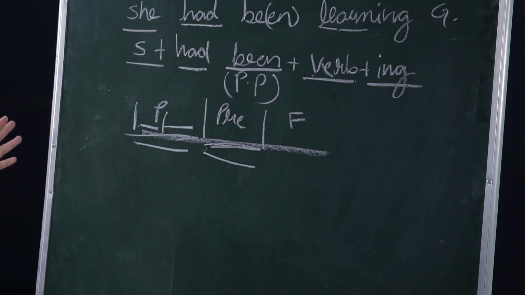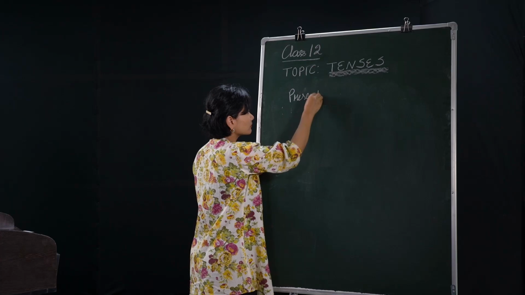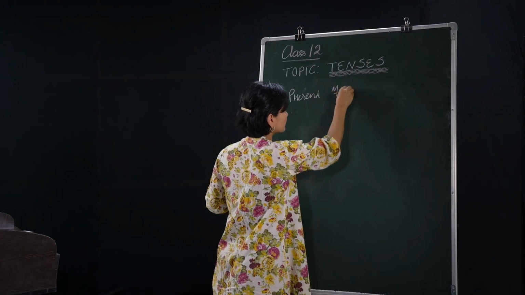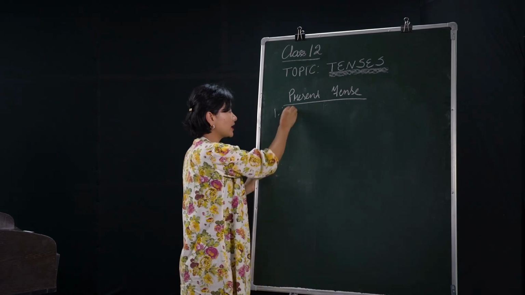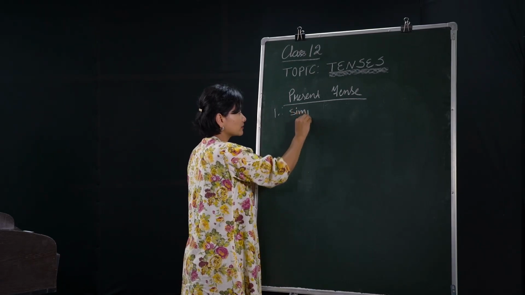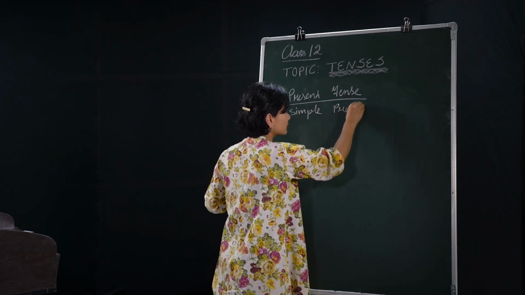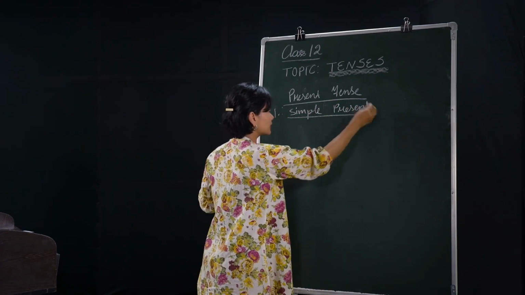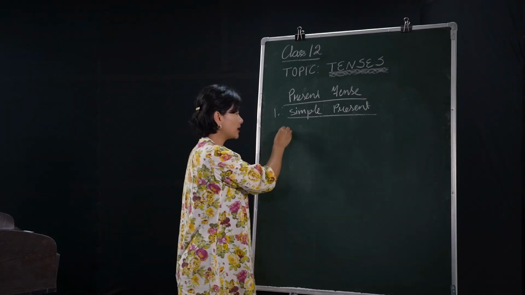Now we would move on to the present tense. We would start in the same way, simple present or indefinite present, whichever you prefer. So simple present, we use in this structure.